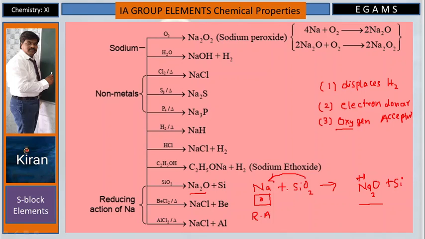Addition of oxygen is also known as oxidation. Who is involved in this oxidation process with respect to oxygen? Sodium. That is the reason whoever participates in the oxidation process is considered a reducing agent. So these 3 points you have to remember: hydrogen displacer, electron donor, and oxygen acceptor.